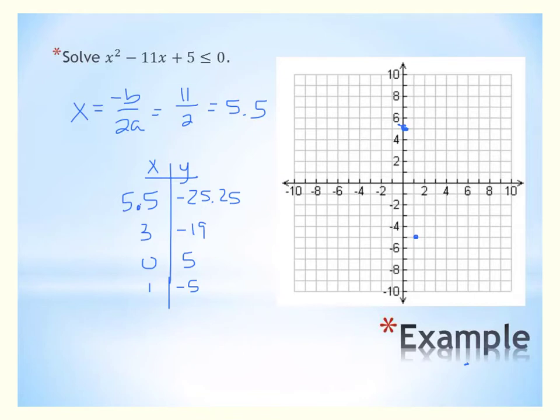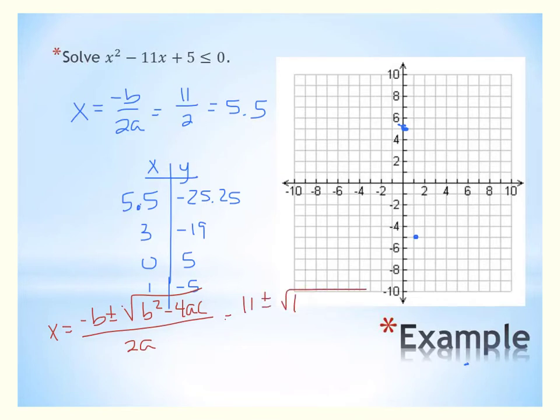So plan B then needs to be the quadratic formula. You have to know where this crosses the x-axis for you to properly give an answer. Alright, so negative b plus or minus the square root of b squared minus 4ac all over 2a. So this is going to be a positive 11 plus or minus the square root of negative 11 squared minus 4 times 1 times 5 all over 2.